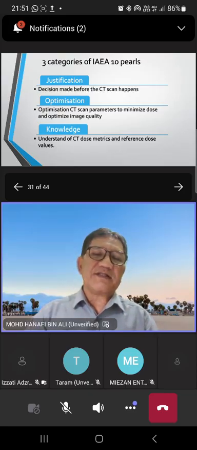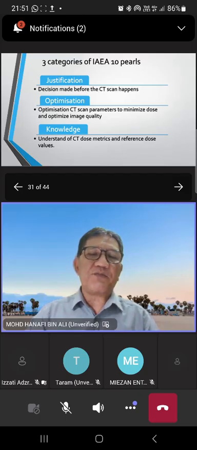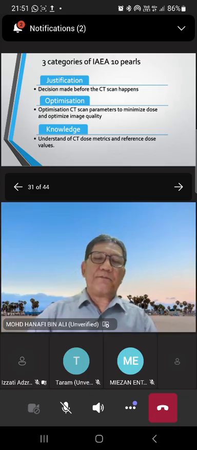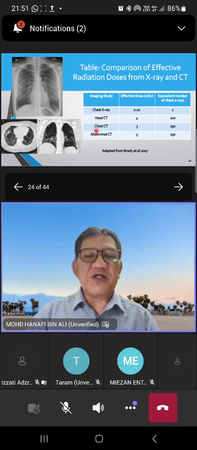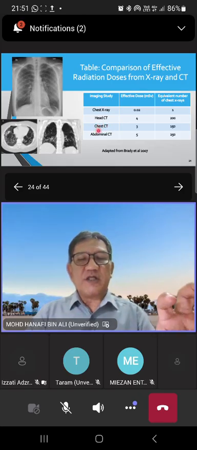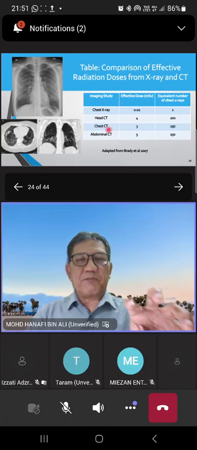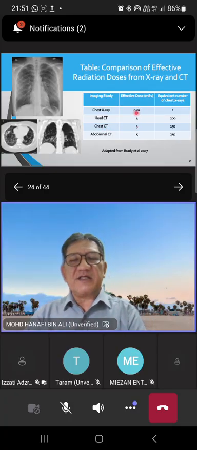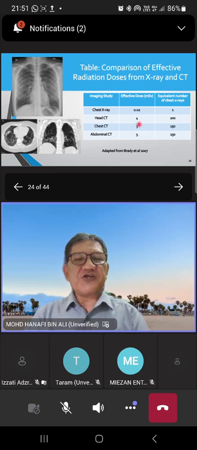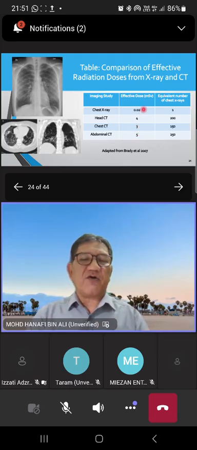The IAEA always suggests that we use justification, optimization, and knowledge when we deal with CT scan. Optimization means we try to use practical exposure parameters, kVp, mAs, and DLP, to get a good image. Justification is the decision made by doctors on whether this case needs X-ray or not.